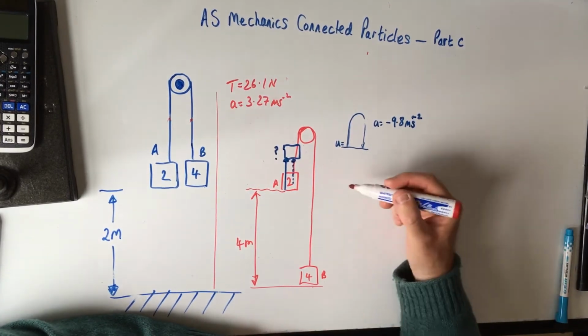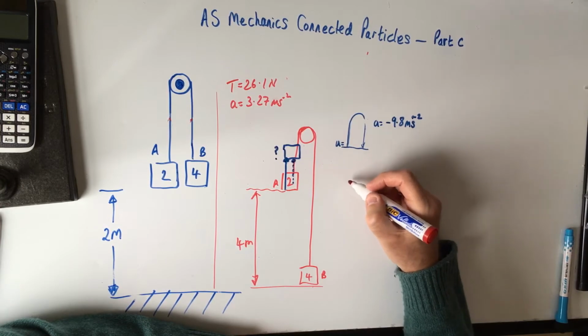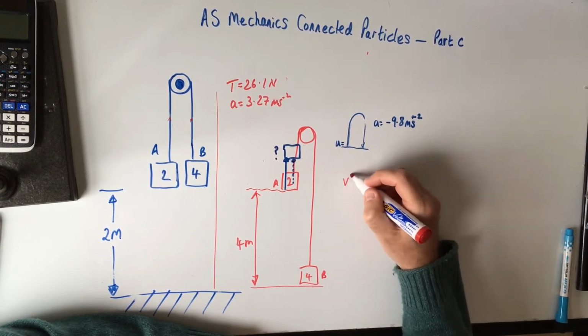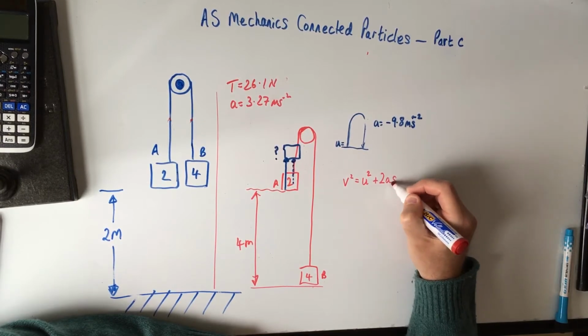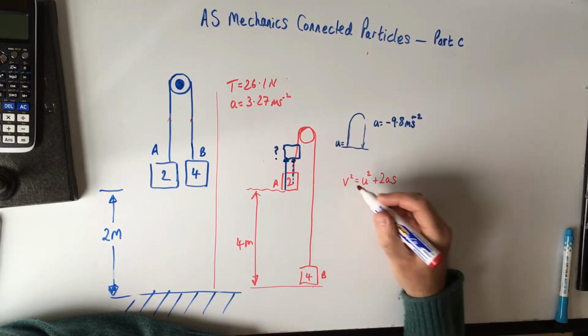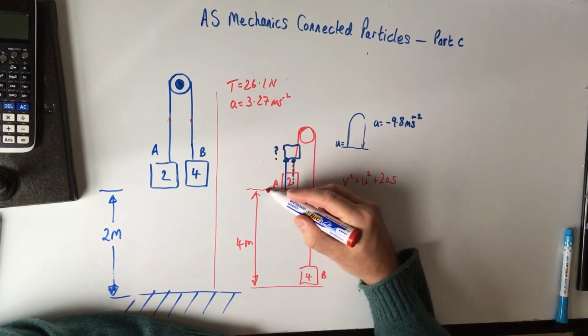First of all, it starts to accelerate. If we use v squared is equal to u squared plus 2as, we're trying to find the velocity once it's reached this point here.